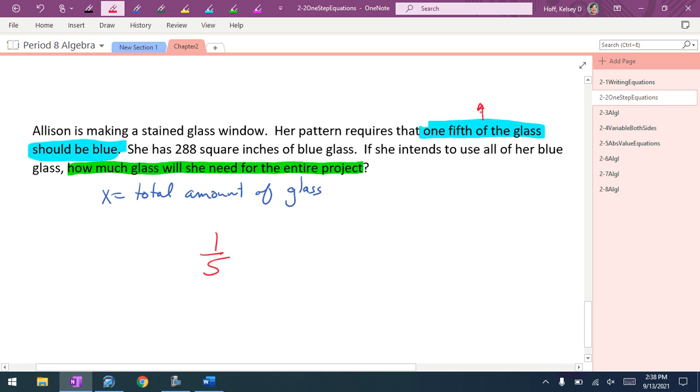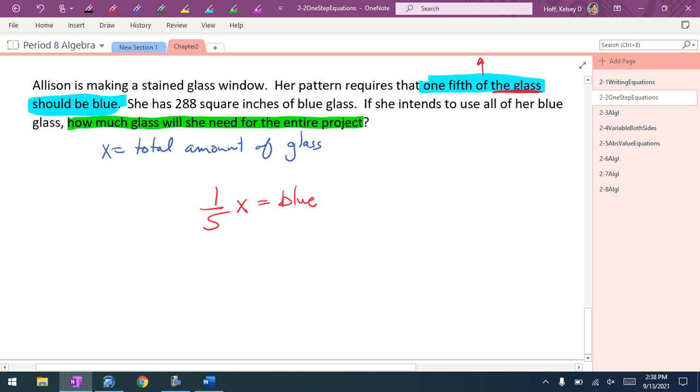Of in math means multiplying. The glass, in this case, is your x, should be blue equals the blue amount, or in our case, how much blue does she have? 288.